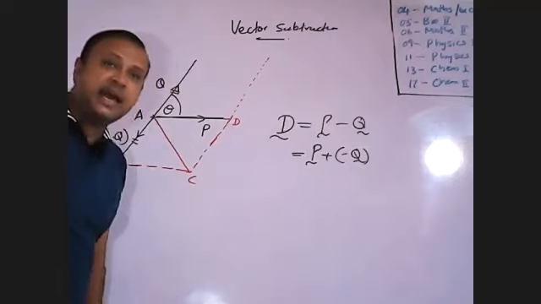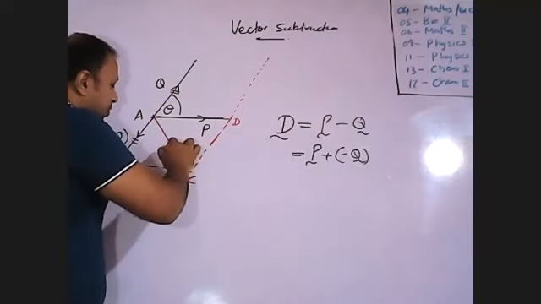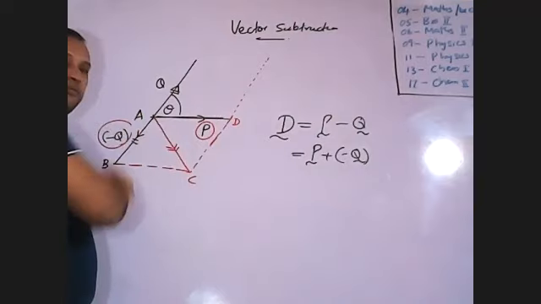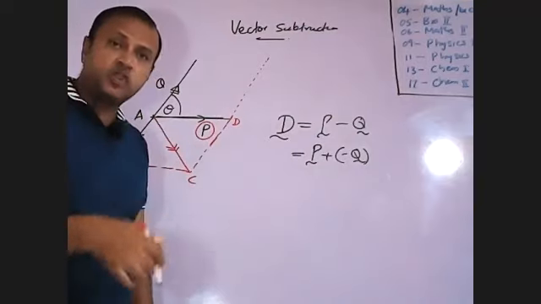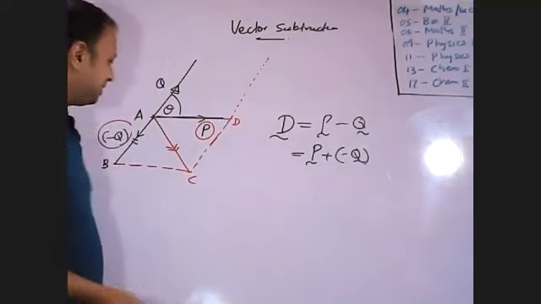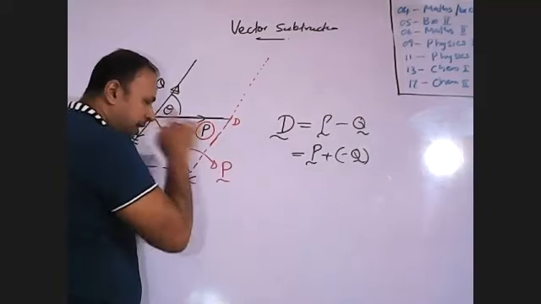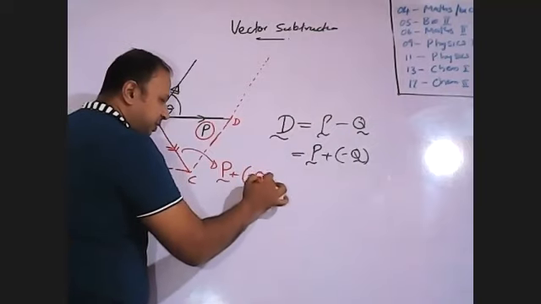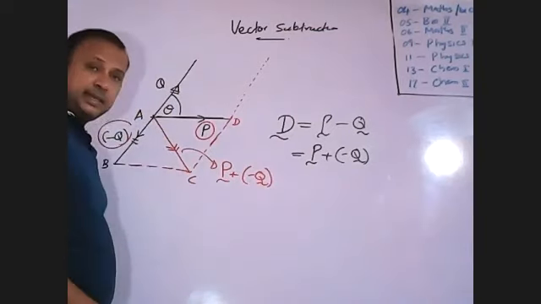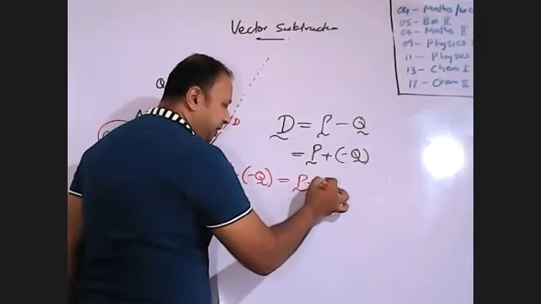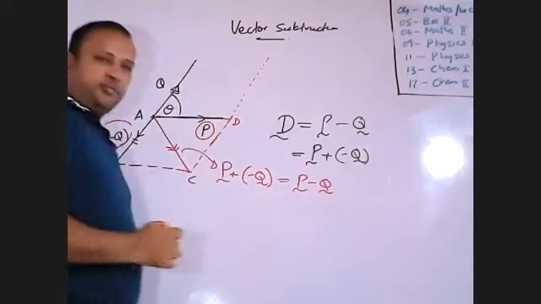From this AC diagonal, you will have the resultant of P and minus Q. The resultant of P and minus Q is equal to P vector plus minus Q vector. That means this is equal to P minus Q vector.